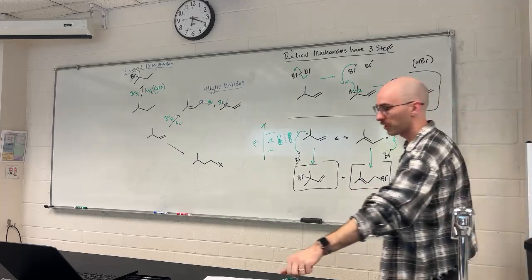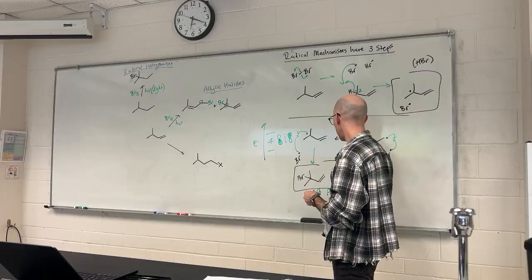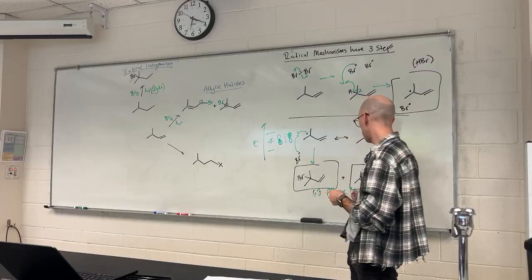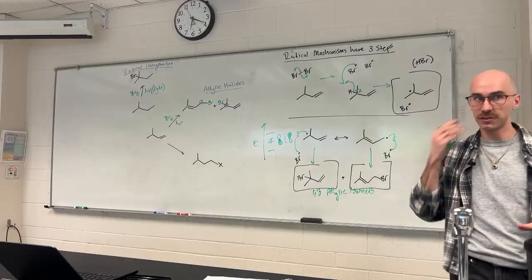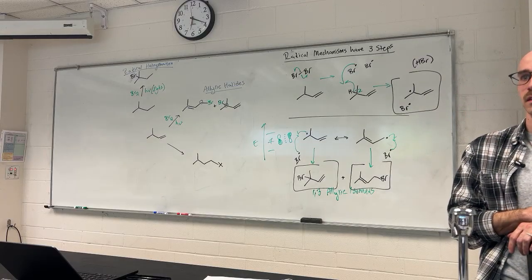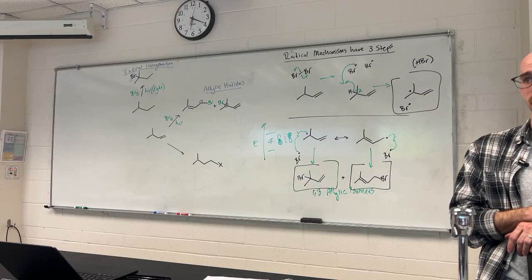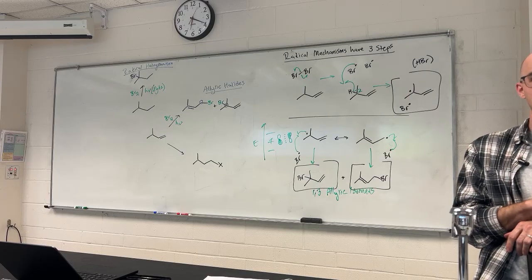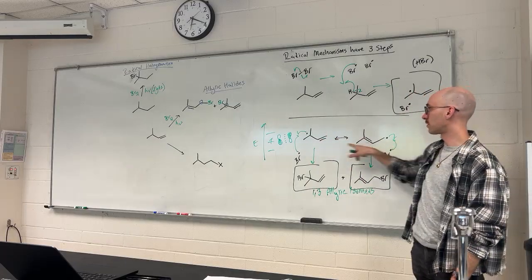I actually refer to these as 1,3 allylic isomers. Does that seem like a useful name to you? If you know you're going to form an allylic radical, allylic radicals lead to this 1,3 isomerism.